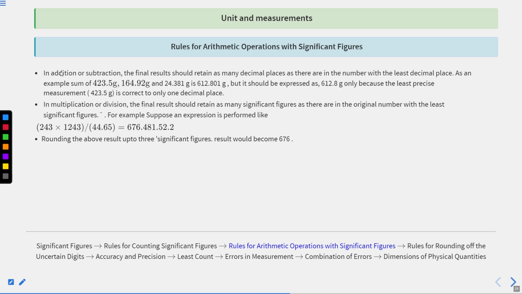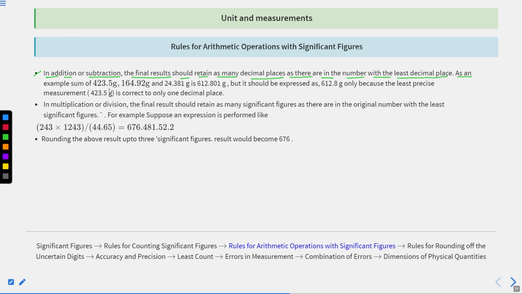In addition or subtraction, the final result should retain as many decimal places as there are in the number with the least decimal places.